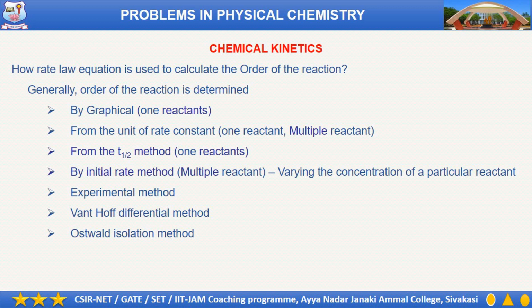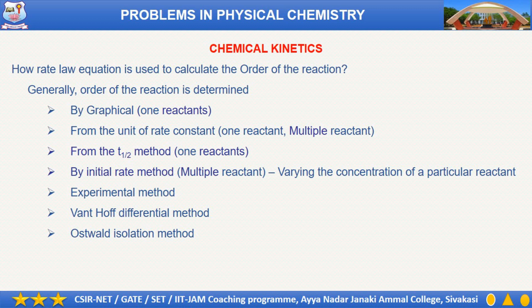And various orders of the reaction would have various graphical representations. And if you want, we also have problems on the graphical representation. From the graphical representation, we can determine what is the order of the reaction. You might have come across the determination of the order of the reaction in ester hydrolysis in your physical chemistry experiment. And second is from the unit of the rate constant.